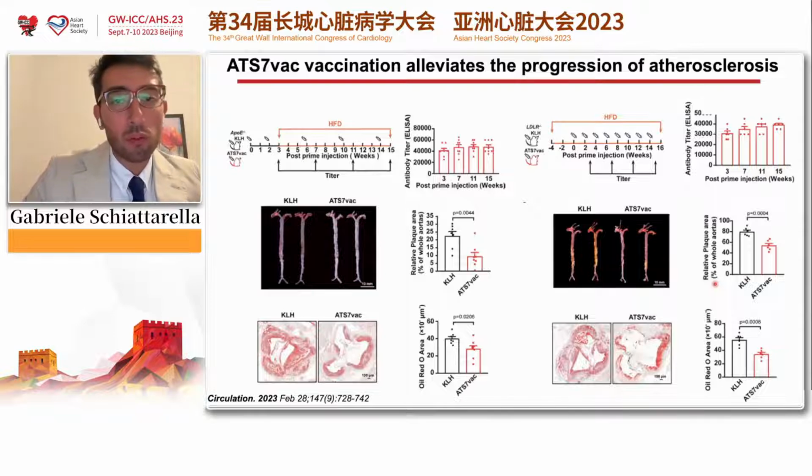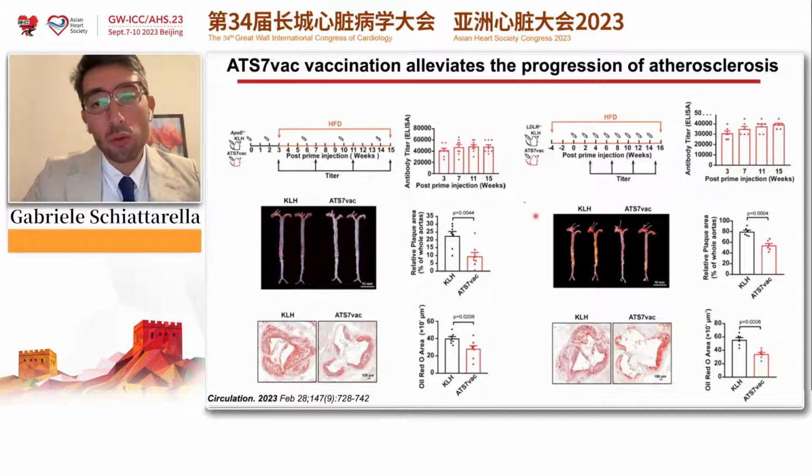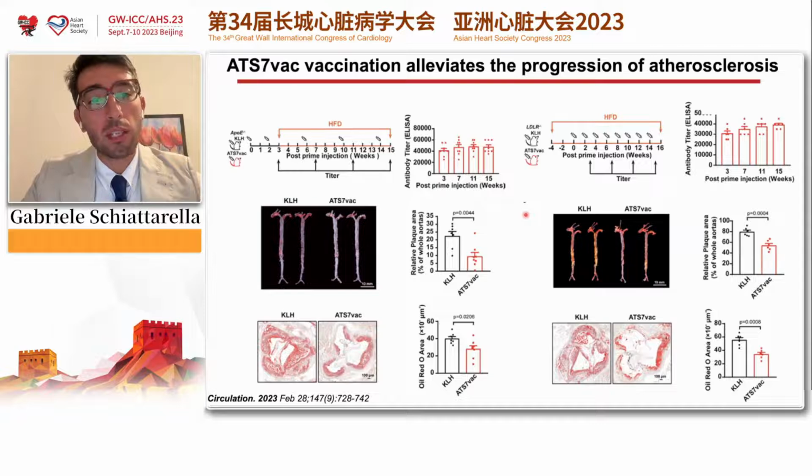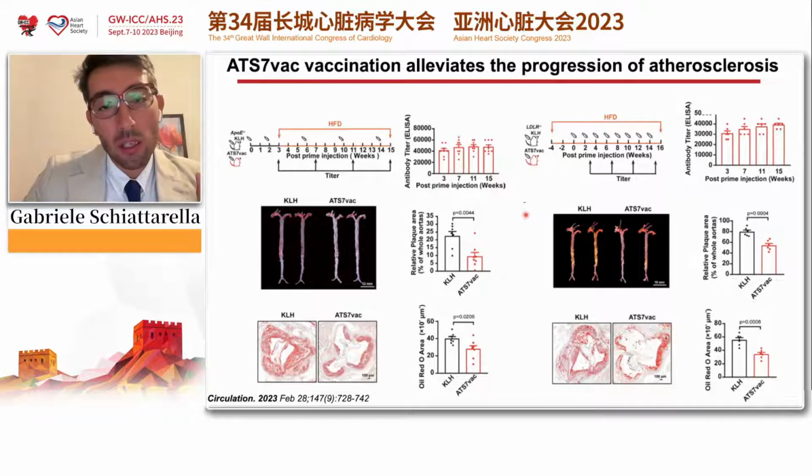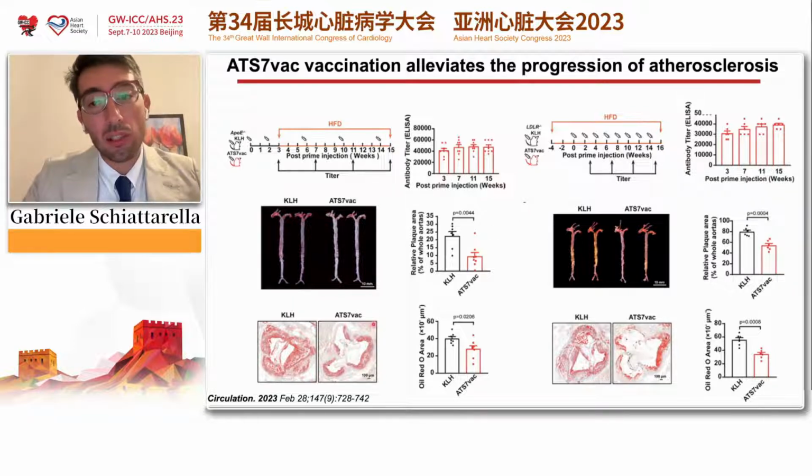They moved forward using two different preclinical models of atherosclerosis, ApoE knockout mice and LDL receptor knockout mice, and sure enough, the use of this vaccine against ADAMTS4 was able to significantly reduce atherosclerotic formation. So all of this has been done in small rodent preclinical models.